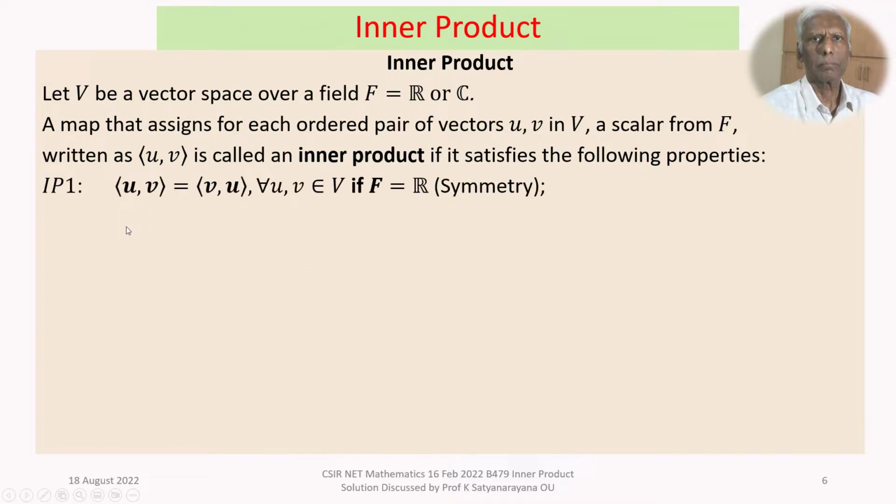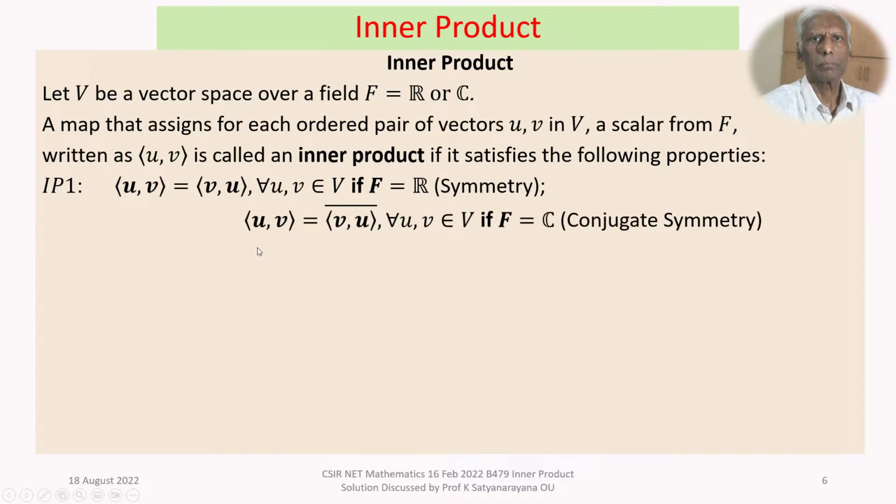Property 1, bracket u comma v is equal to bracket v comma u for all u, v belongs to V. If F is the field of real numbers, it is called the symmetry property. And if F is the field of complex numbers, bracket u comma v is equal to the complex conjugate of bracket v comma u, true for all u, v belongs to V, then it is called conjugate symmetry.